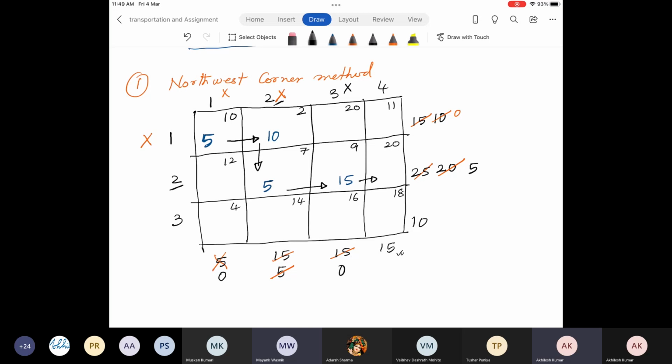Here demand is 15 and I have only 5 left, so I will assign all these 5 here. I will reset it to 0. I will cross this row because this has been satisfied. Now there is only 1 left and the demand is 10. I can fulfill all the demand here.